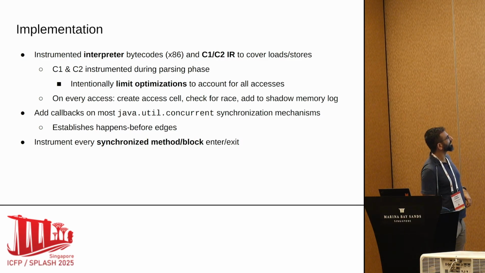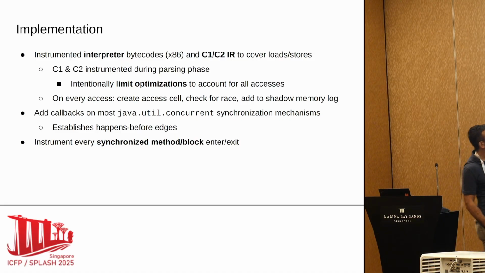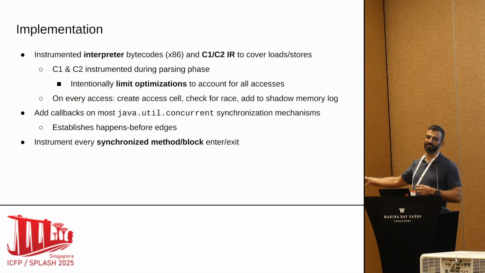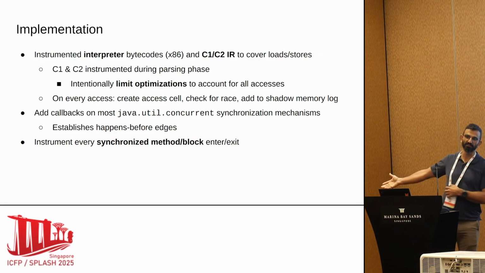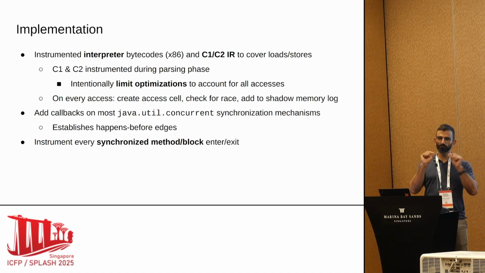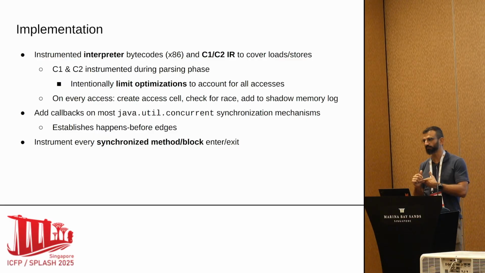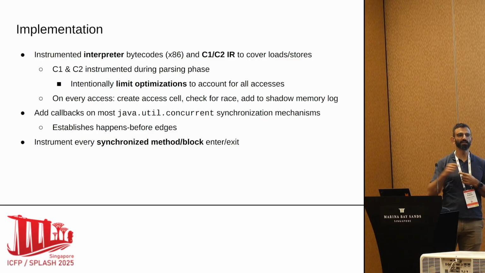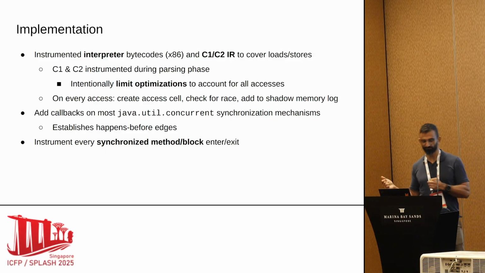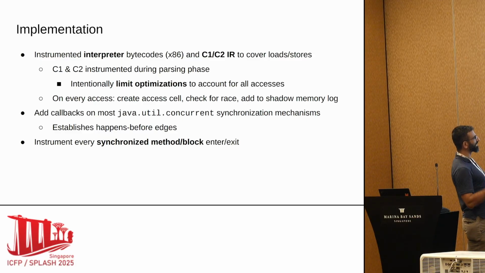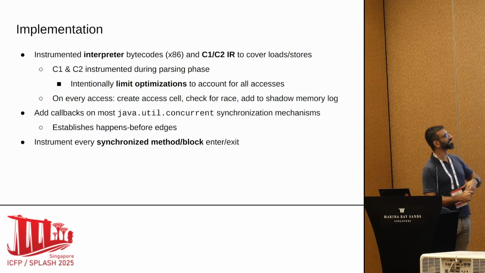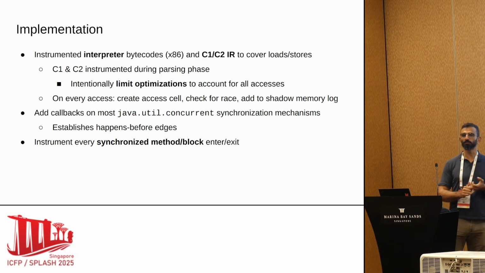Okay. The other thing we do for speed is when we create this access cell, we need to check on every access the previous accesses to compare and see if there's a data race. And because this is a SIMD operation, basically, with some tweaking in the JIT compiler, we can take advantage of x86 vector operations and make this operation very, very fast. The final thing, the large amount of work you need to do here, is instrument all custom synchronization operations.